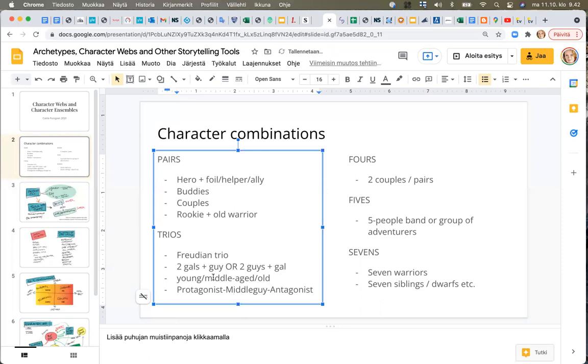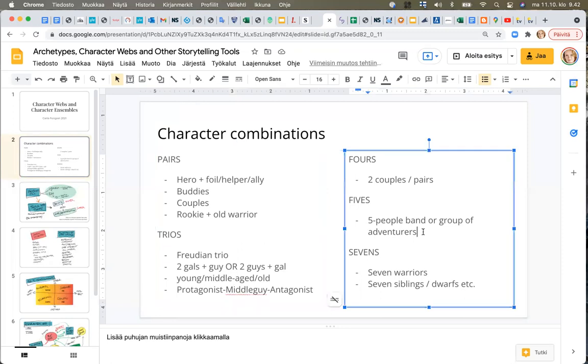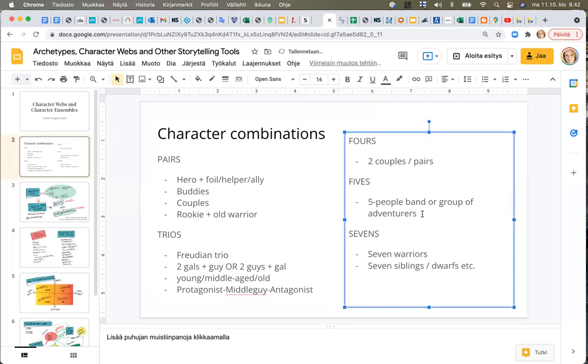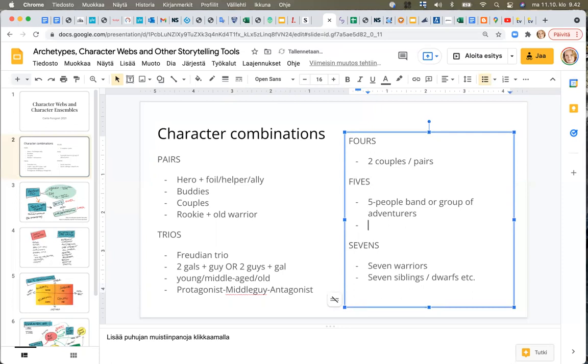So all of these can overlap, by the way, but that's what you probably already noticed. Then we have fours and fives and sevens, and there are also sixes. I don't know why I haven't put sixes here. Maybe I should. When it goes to eights, it's becoming a little bit less easy to control, but there are also ways for that.